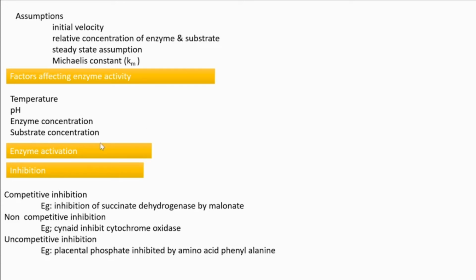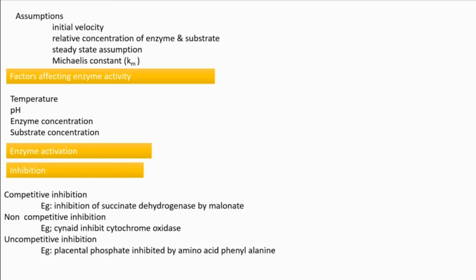Then we need to quote an example of competitive inhibition: inhibition of succinate dehydrogenase by malonate. I think you have already learned about this enzyme through the cycles. Succinate dehydrogenase acts as an enzyme in one cycle, and it is also found in biological oxidation as complex 2.